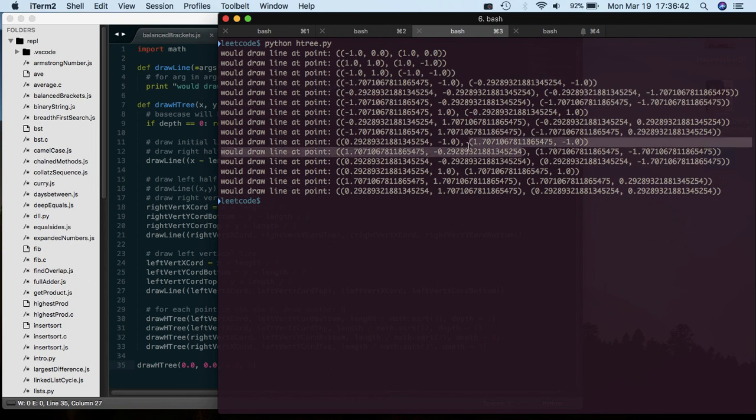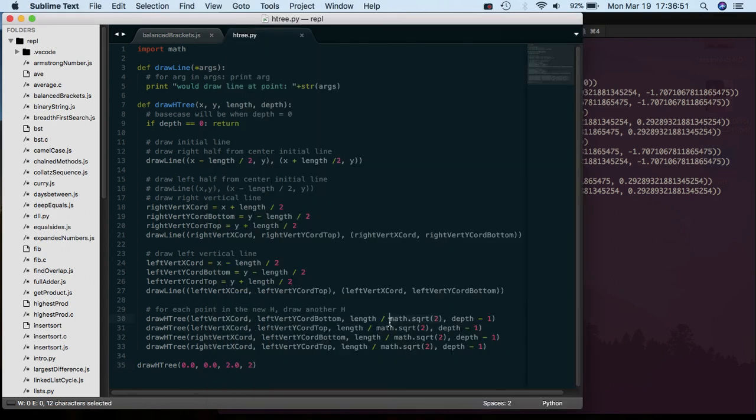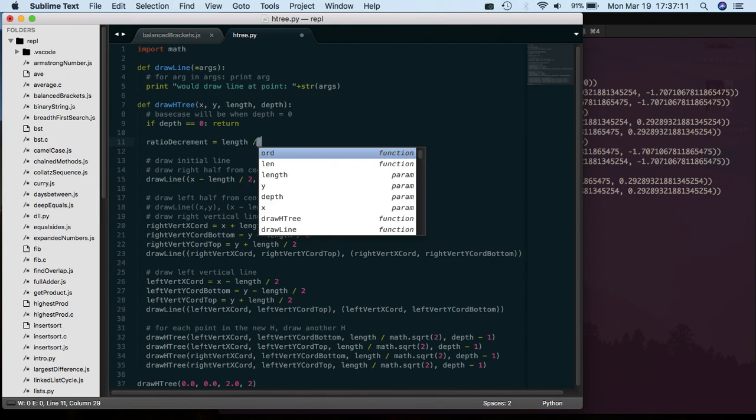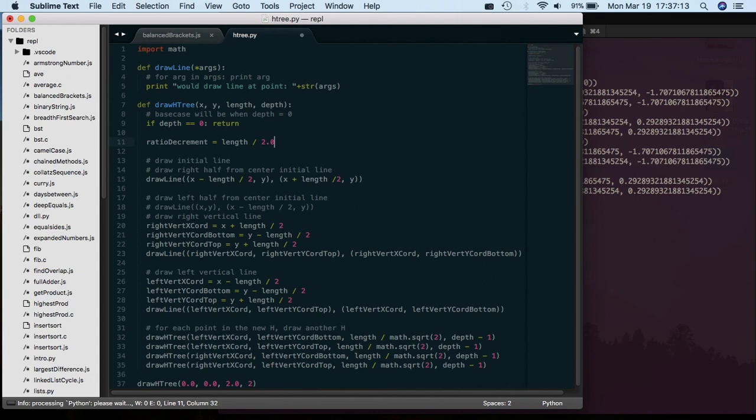As you can see, there are long decimals because of the factor of square root 2. But if we change this, hold on here, we could also have another variable called ratio decrement that would equal length divided by, let's just do it, say a half.